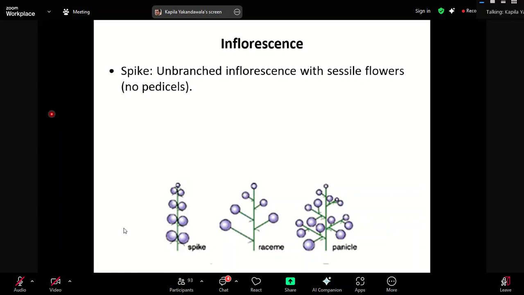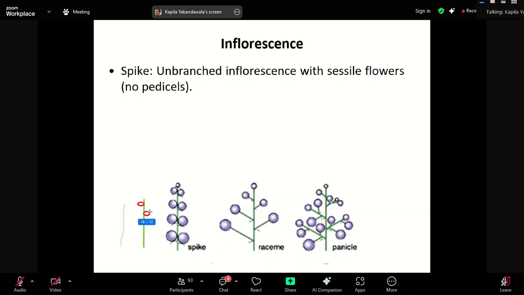Here in a spike, there is an axis, and to the axis, flowers are attached.